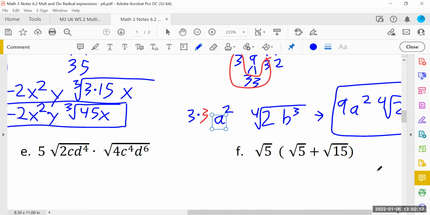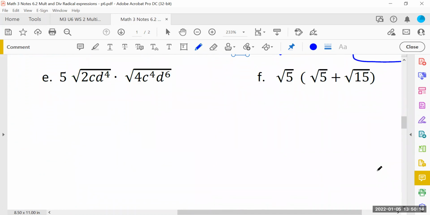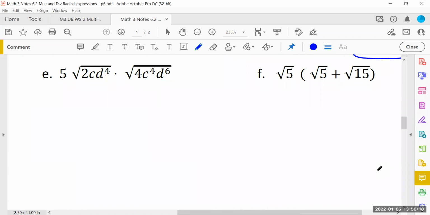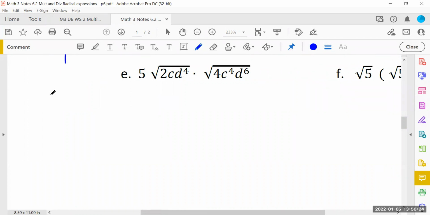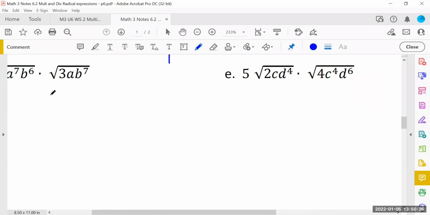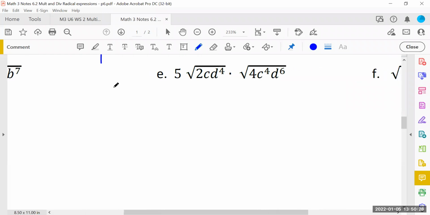So look down here then at E. It's a square root. The 5 is on the outside. That's going to stay on the outside for now. So again, everybody, we're skipping letter D right now. We're going to go right to E. 5 is on the outside. Big square root of 2 times 4. I have 1c and another 4c, so c to the 5th.